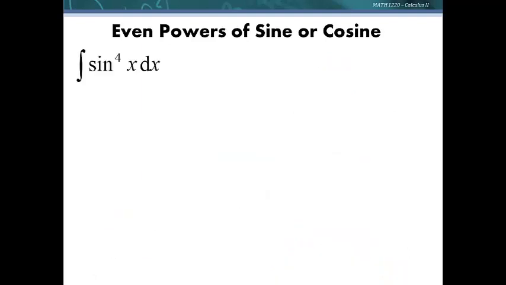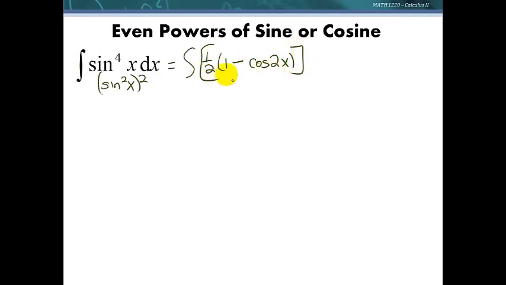So what if we have the even powers? How is this going to help us? So what I'm going to do is express this as sine squared x, squared, and use that formula, which was 1/2 times 1 minus (sine is minus) cosine 2x, this quantity squared dx.